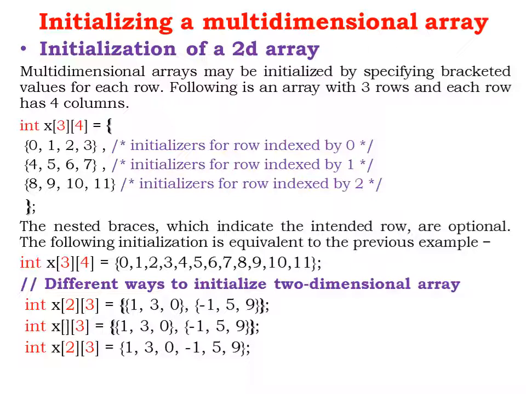That means 2 rows and 3 columns. And the third way of initializing is directly initializing the values that I am going to store, equal to, in curly braces, 1, 3, 0, -1, 5 and 9. So these are some of the different ways of initializing a two-dimensional array.